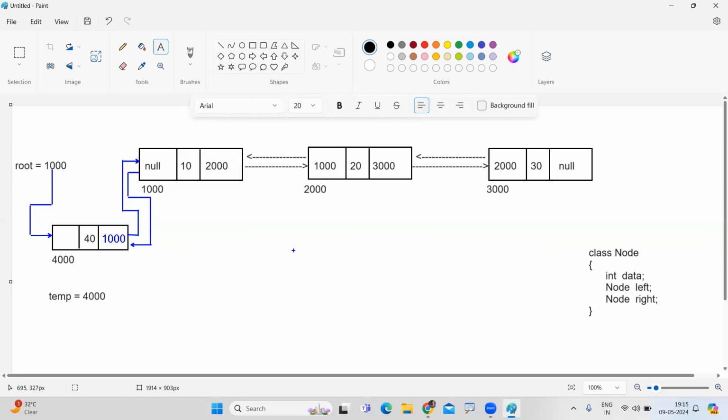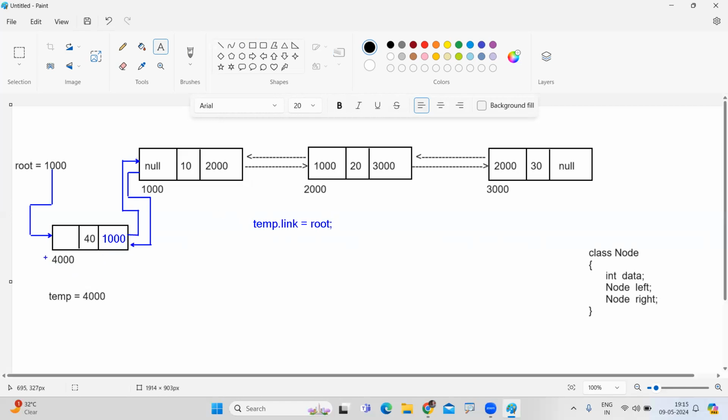The root value will be stored into temp link. Please observe this one. Into temp link, the root value will be stored.